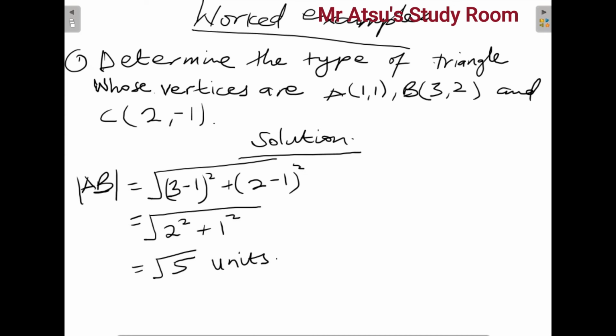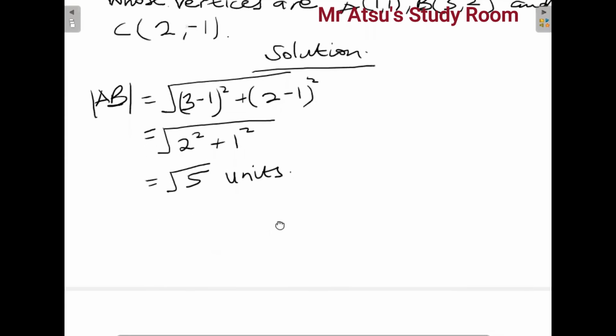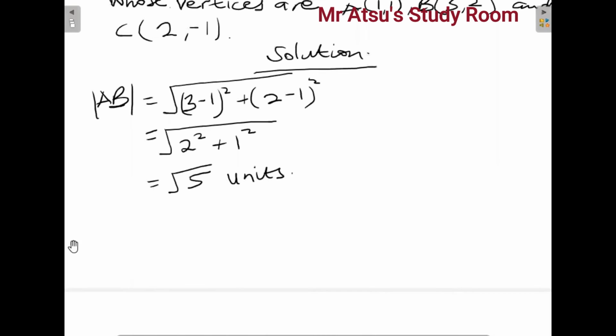Then we calculate our side BC. Because B is our first point, 3 becomes our x1 and 2 our y1. And for C, which is our second point, 2 is our x2 and -1 our y2. Let's now fix that into the formula.